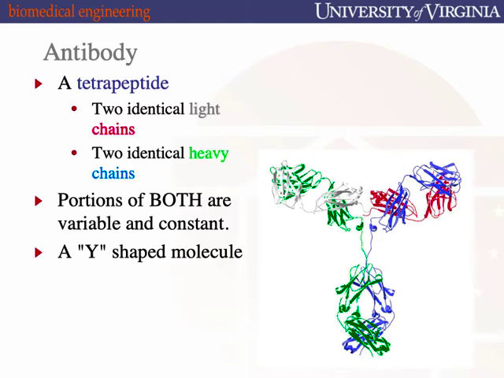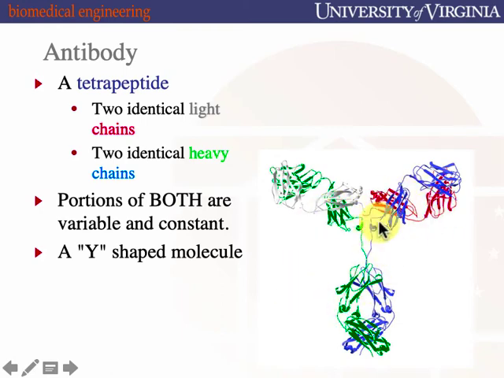You think about that B cell going to a plasma cell, that can be a consequence of activation. Or, in the context of T cells, that can produce cytokines and things of this nature. All right, so antibody, just to remind you, we've gone over this a couple times, but an antibody is a tetrapeptide. There are 2 identical light chains and 2 identical heavy chains.